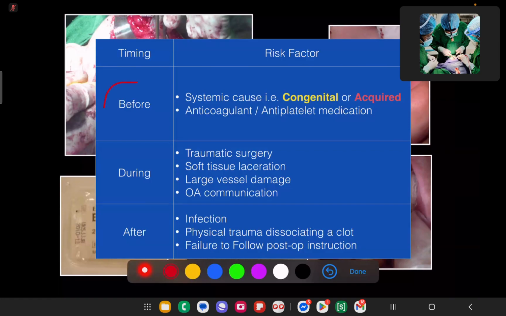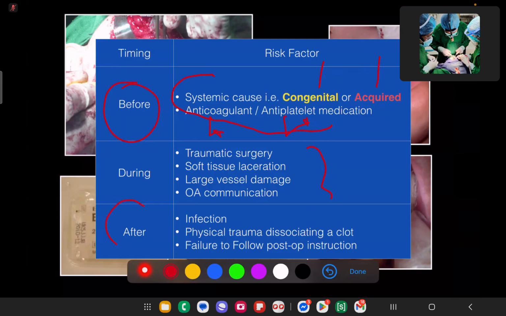Now, when you say before, meaning preoperative, your concern of bleeding would always be systemic. It would be congenital or acquired, or if the patient is taking anticoagulants and of course antiplatelets. During, it means that it's intraoperative, on the procedure. It involves traumatic surgeries, soft tissue lacerations, large vessel damage, and of course, oroantral communications.